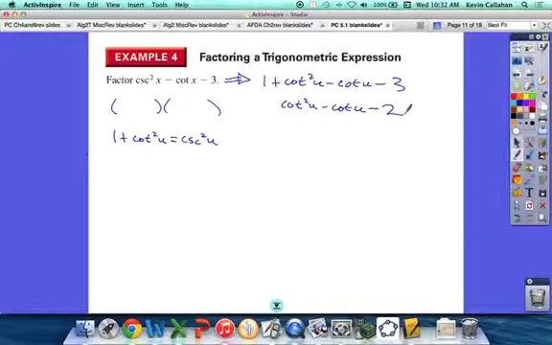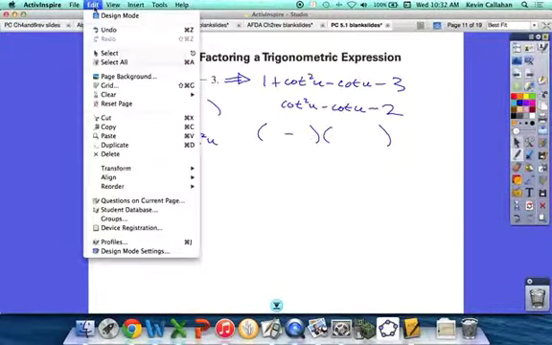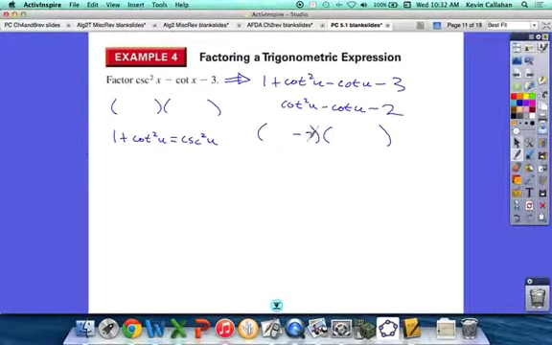And this should be an easier factor. What are the factors of negative 2 that add up to negative 1? Negative 2, positive 1, right? So there'll be a minus 2 here and a plus 1 there. What is the first term in parentheses? Cotangent u.